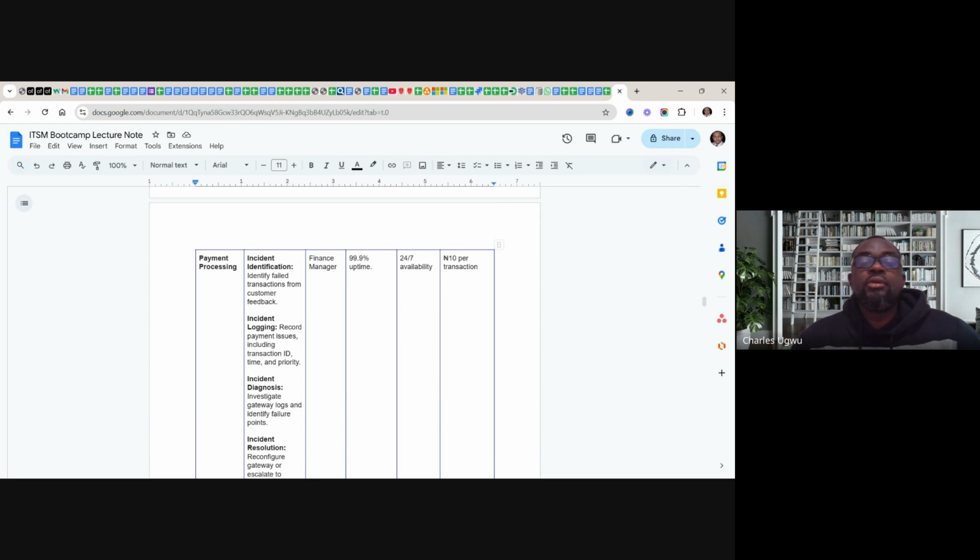So the service level agreement here is 99.9 uptime. This is different because they have not paid. It's not like we've collected their money and we don't deliver, but they are struggling.